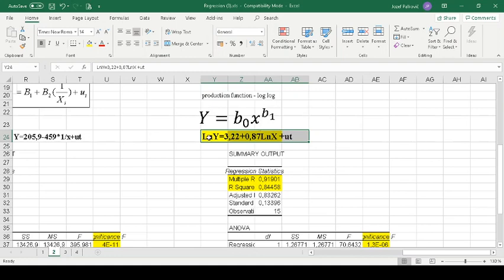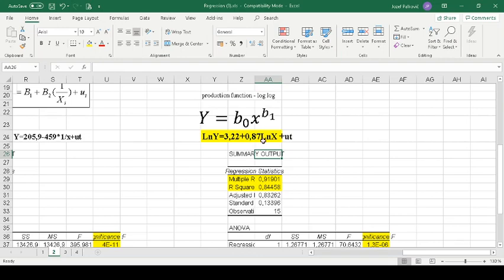It is used in economics very often because this value 0.87 is called elasticity in the case when the dependent and also independent variable was in form of logarithm. The estimated parameter is elasticity, and you can interpret it in percent.